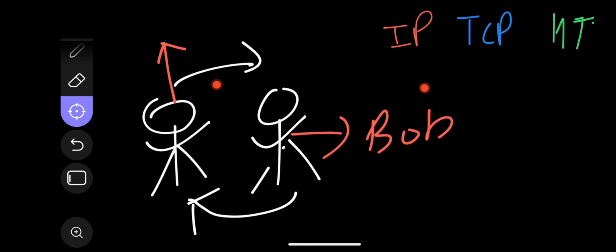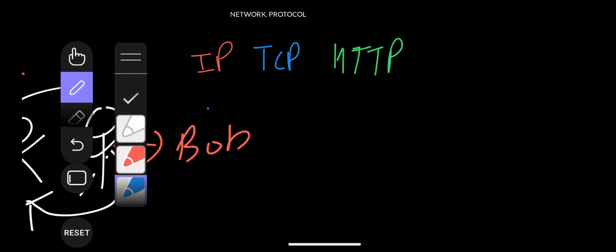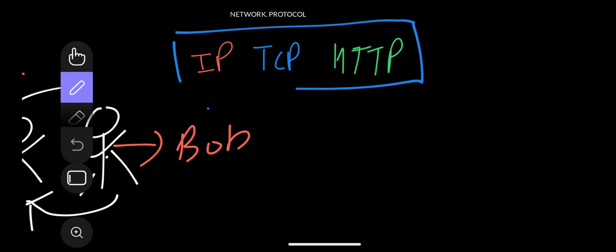Now let's take this somewhere else, to a real life example in the digital world. In the world of computers and the internet, devices and systems face a similar challenge. That is the reason we came up with these three concepts known as IP, TCP, and HTTP.